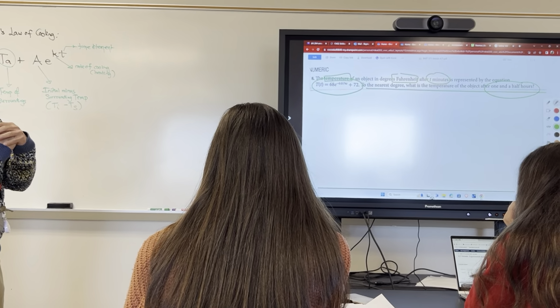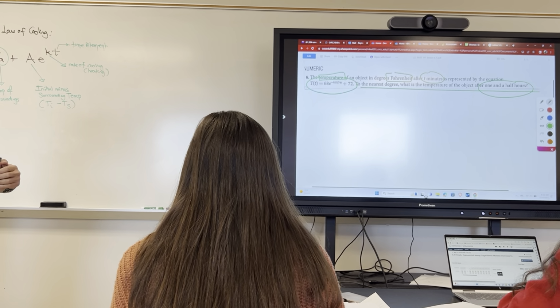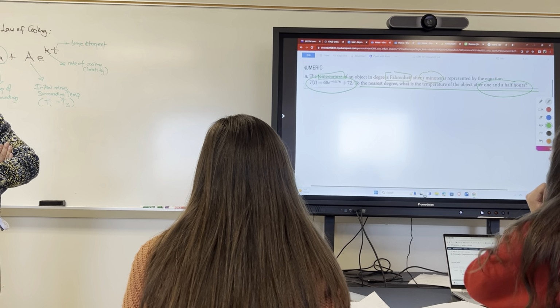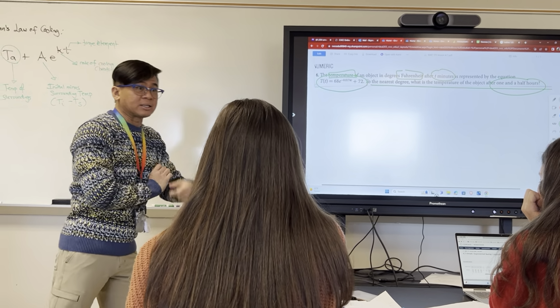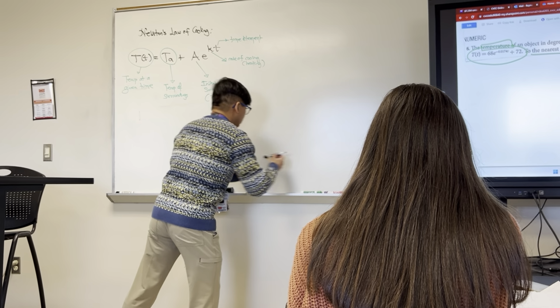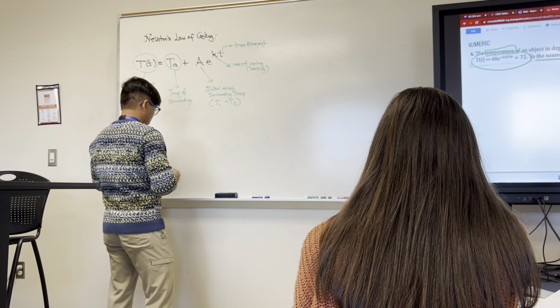In here, it says to the nearest degree, what is the temperature of the object after 1.5 hours? But as you may notice, your t is in what? Hours, minutes, days, or seconds? Minutes. So we're solving for the temperature.